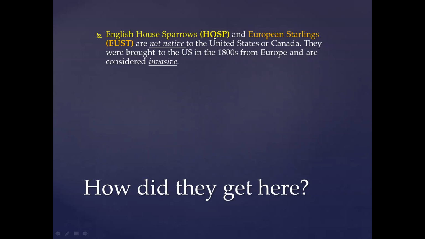These are short banding codes, and you'll often see them referenced in forums and other online chats, and that's what they stand for. So I just want to make sure we define those for you very quickly. Again, these birds are not native to the United States or Canada, and they were brought to the US in the 1800s.